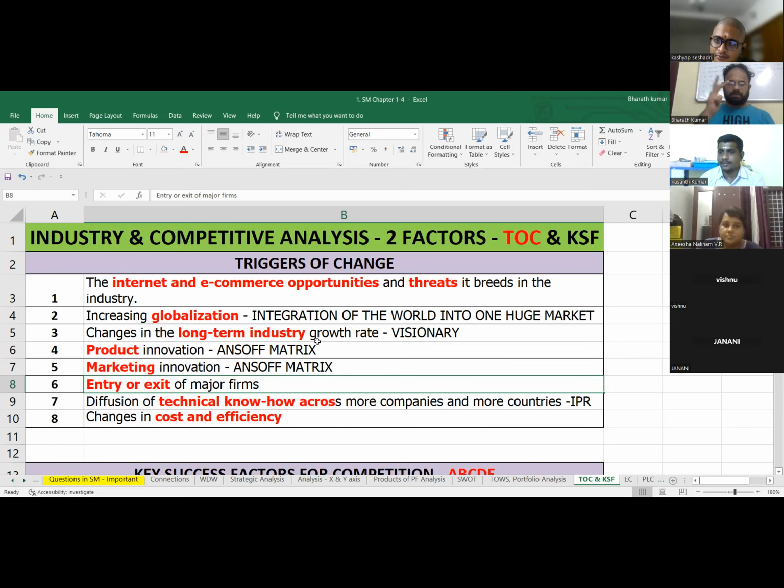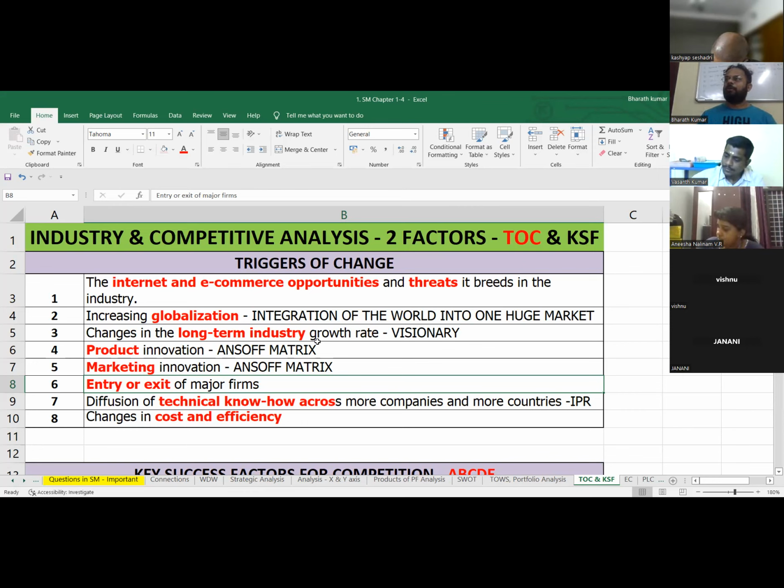Then there are 2 points, then a third point: changes in the long-term industry growth rate. You know what's the keyword here? Long-term.